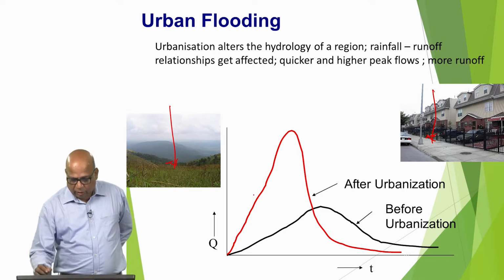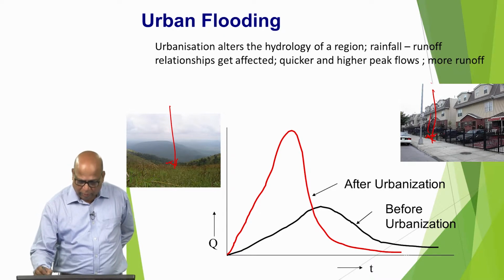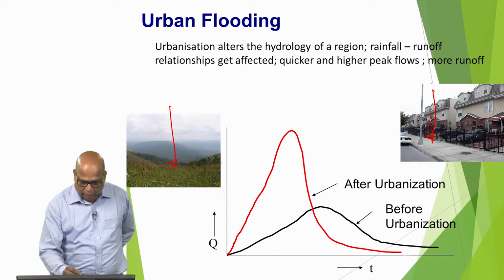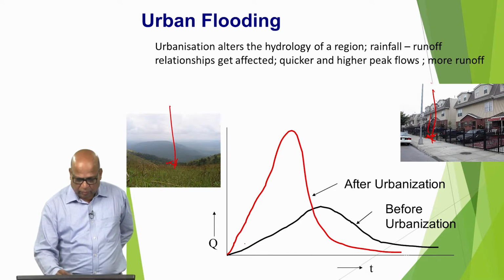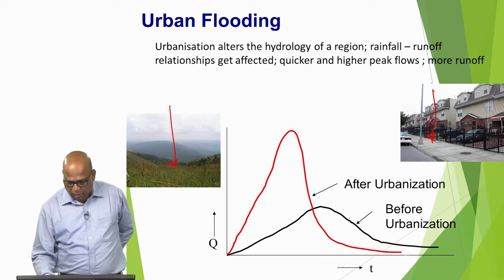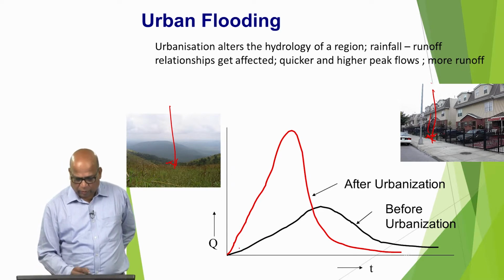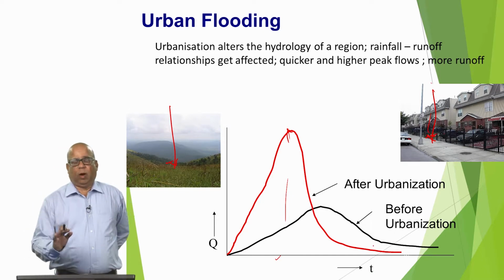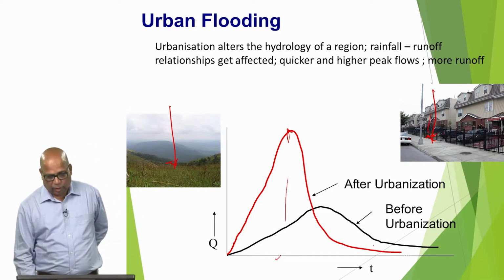So, after urbanization, whatever rain falls here has to convert itself into runoff immediately, and therefore, if you plot the discharge versus time, the discharge quickly peaks here in the urban area, whereas in the non-urban area it will be a smoother function like this. The peak is higher, the time to peak is much smaller, and the total runoff generated is much higher. All these three characterize the urban hydrology.